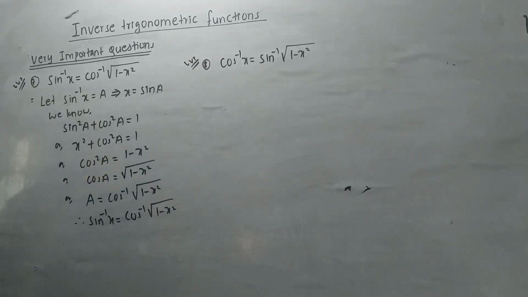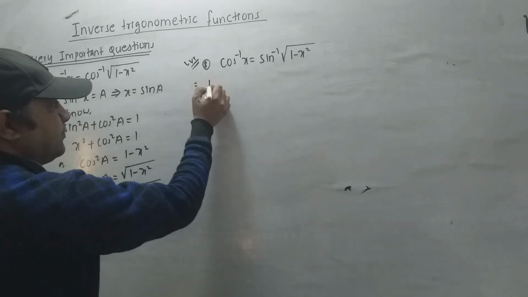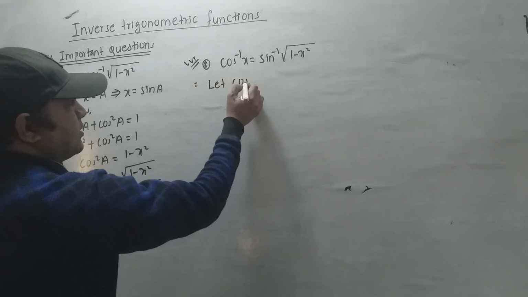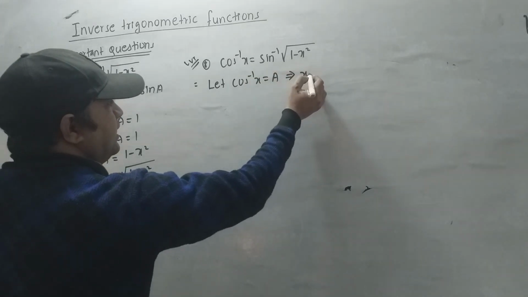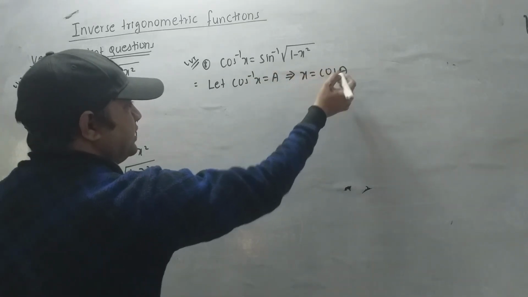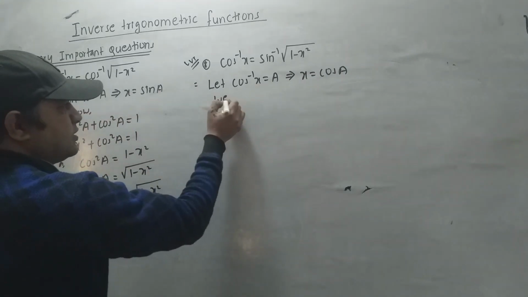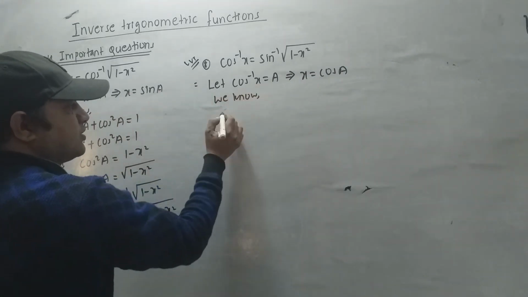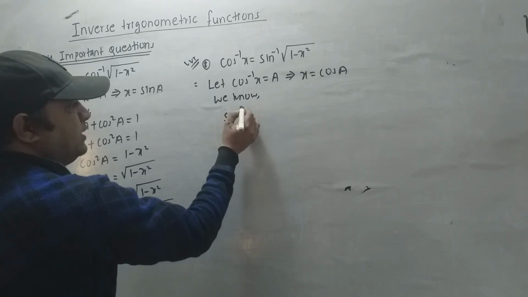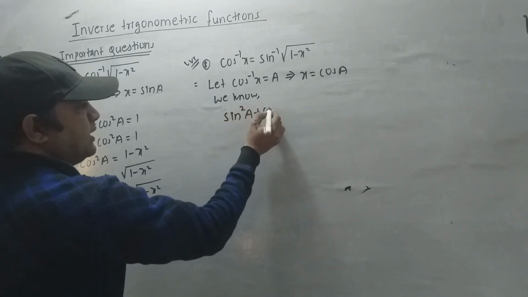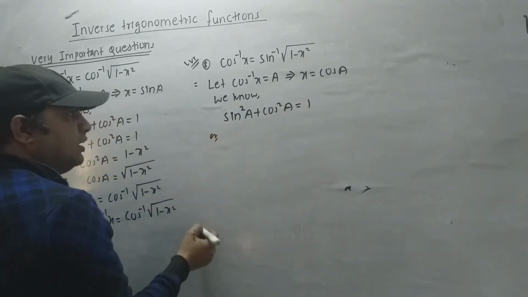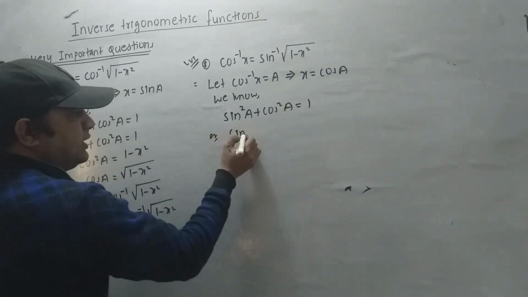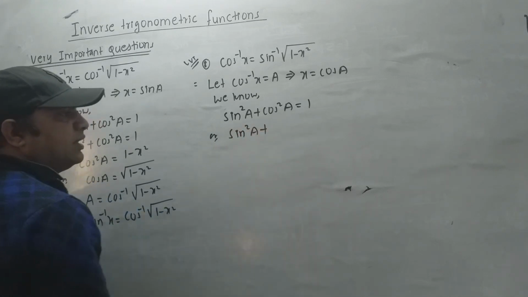Now for cos inverse x, in a similar pattern the same steps work here. Let cos inverse x equal a. What does this imply? x equals cos a. Now sin and cos are related by sin square a plus cos square a equals 1.